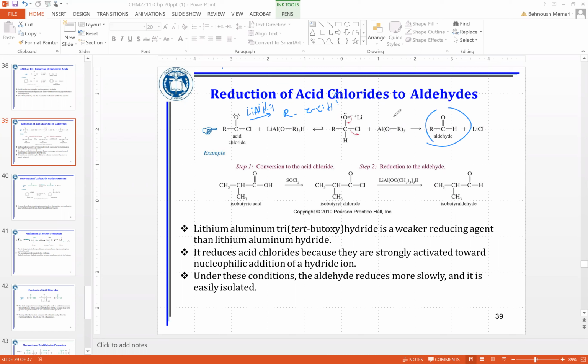Aldehyde is somewhere in between. So if you start with the acid, aldehyde, alcohol. This is the most oxidized.